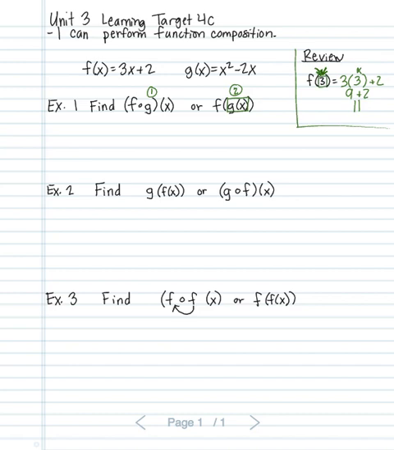Hopefully you see that it's just written on the inside of the parentheses just like the 3. So if we took 3 and substituted in for x, you should think, okay, we're going to take g of x and sub in for x.